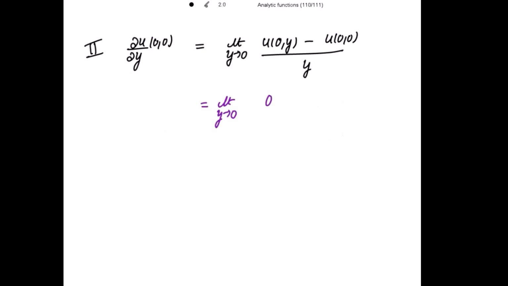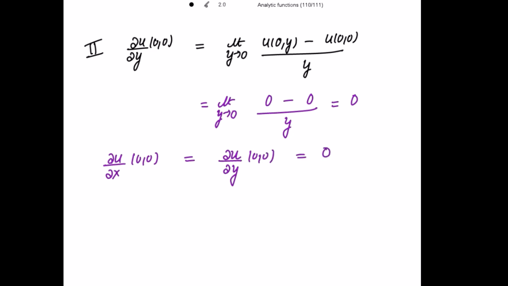So 0 minus u(0,0), which is 0, divided by y, and this limit is also 0. So we have got that the partial derivative of u with respect to x at the origin is equal to the partial derivative of u with respect to y at the origin, both equal to 0.